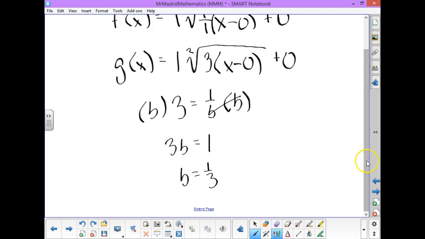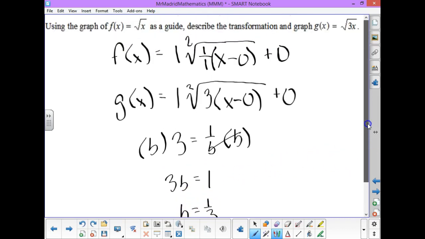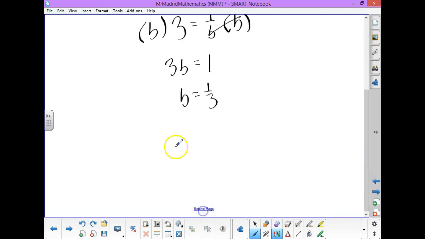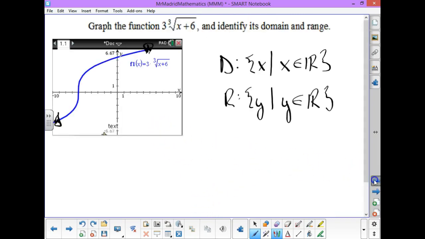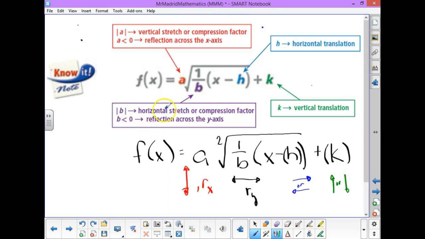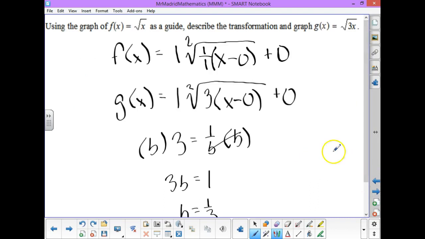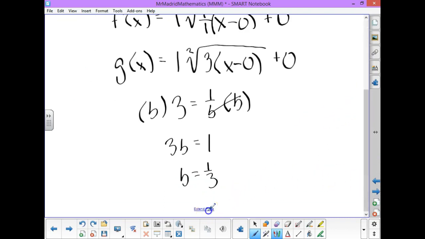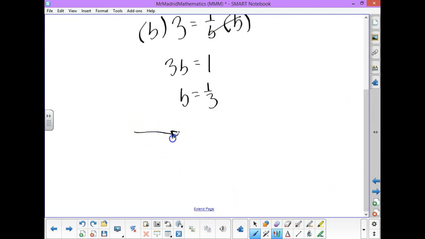Now that I know what b is, based on the master sheet, let's take a look at what b does. It describes a horizontal stretch or compression. So that you don't overcomplicate things, we'll introduce a symbol: horizontal stretch or compression, and we'll put in parentheses by a factor of 1/3. Again, these are our symbols. Make sure you understand what it means. Horizontal stretch or compression by a factor of 1/3.